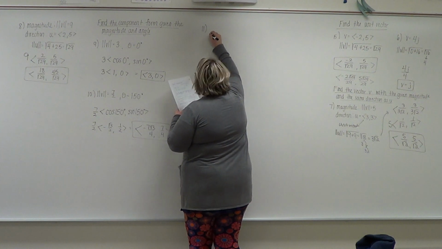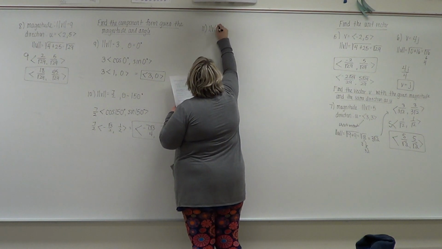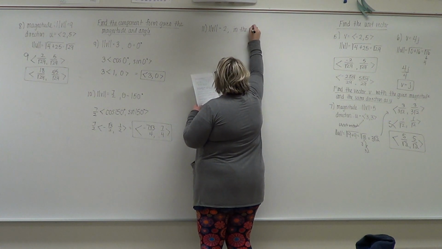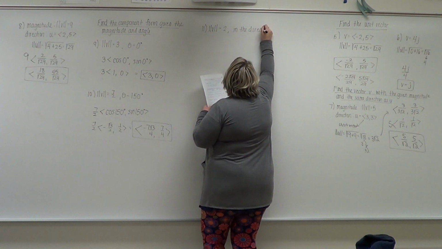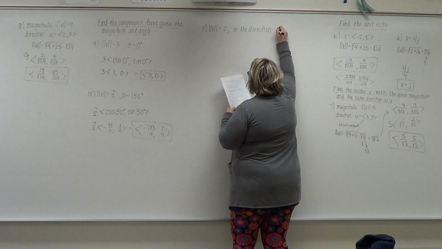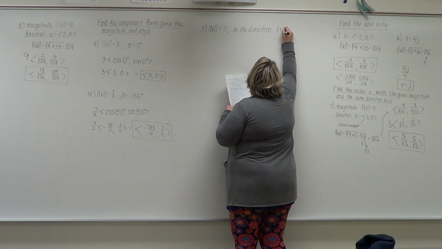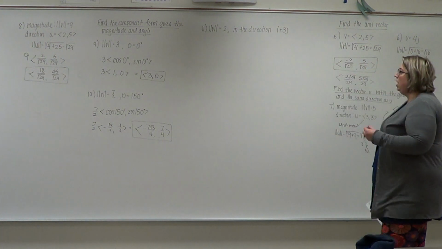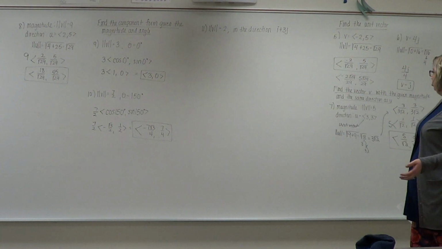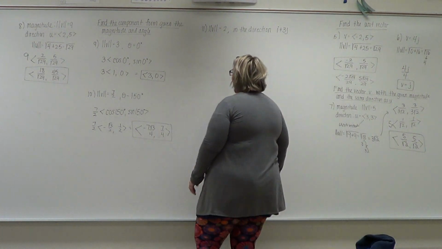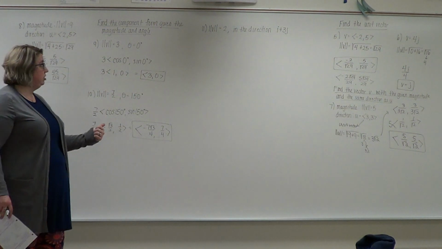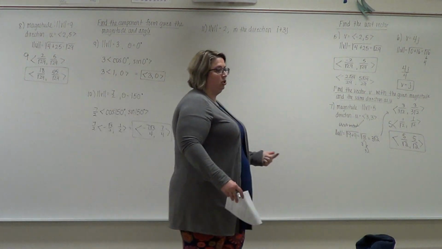Okay, and then this last one is similar, but instead of giving you an angle, it gives you the direction. So if it gives you the direction, you're doing exactly like what we did in 7 and 8, where you're going to find the unit vector first, then multiply by the magnitude.